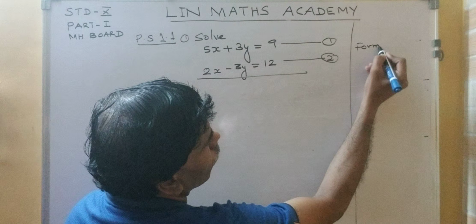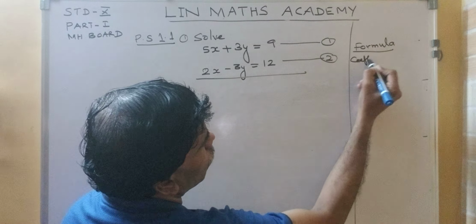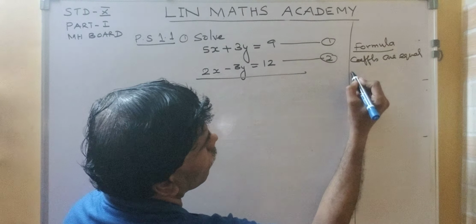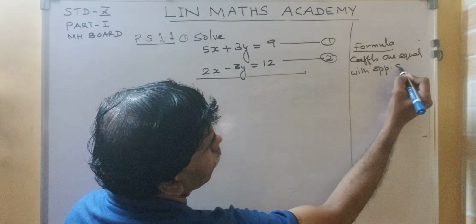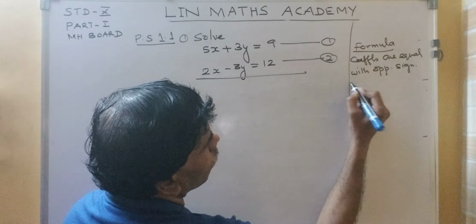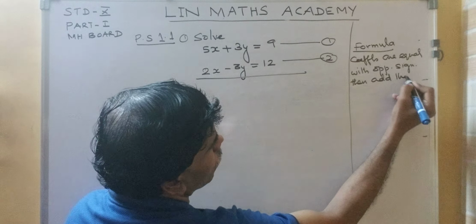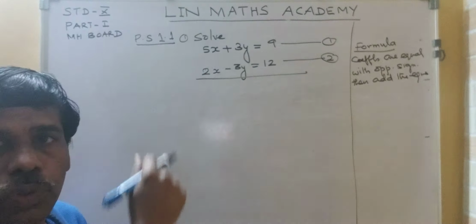So see here, that means formula: coefficients are equal with opposite sign, then add the equations. So we are going to add these two equations.